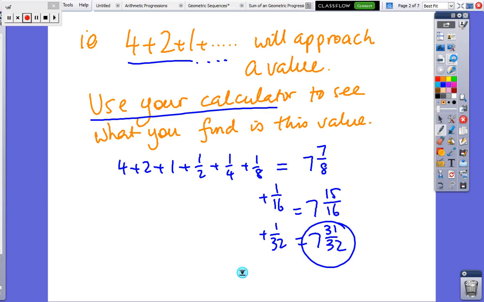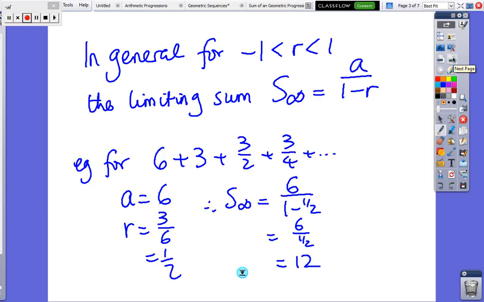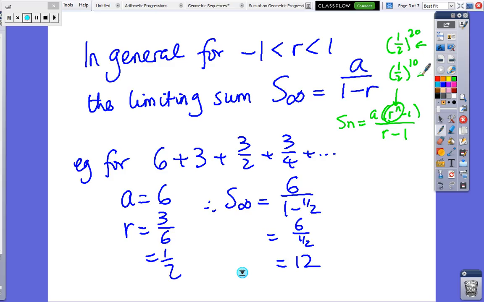Okay. So in general, what we've got is a new formula. I'll just show what's happening again. We've got Sn equals a(r^n - 1) over r - 1. Now what's happening is this term here, for instance a half to the power of 10 or a half to the power of 20, is getting smaller and smaller and smaller.